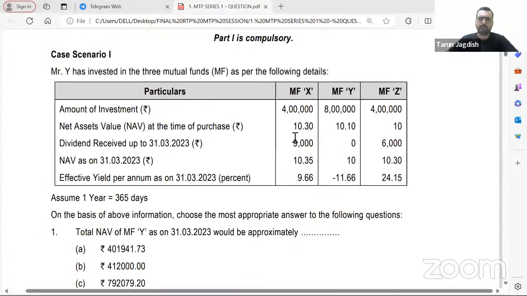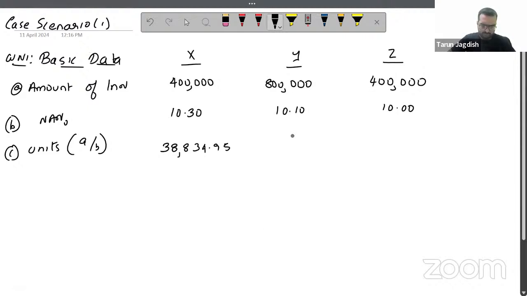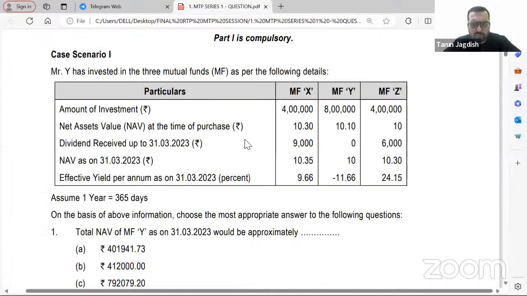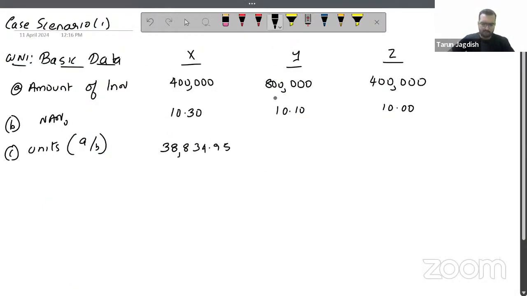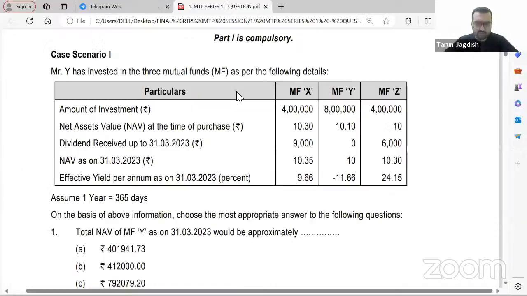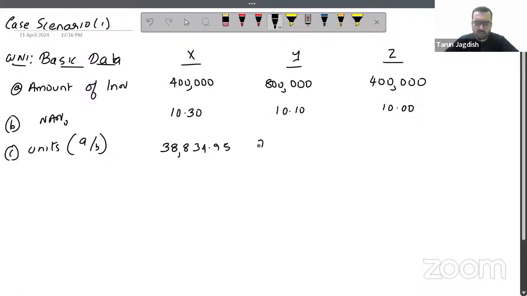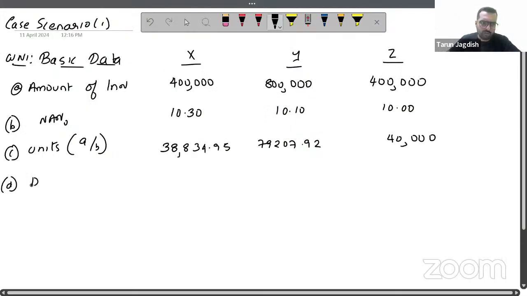Second one is 8 lakh divided by 10.1, the amount of investment divided by the NAV at the time of purchase. That gives 79,207.92, and the last one will be 40,000 units.